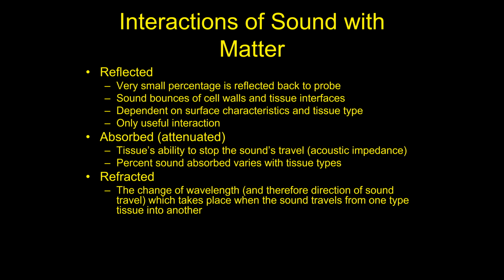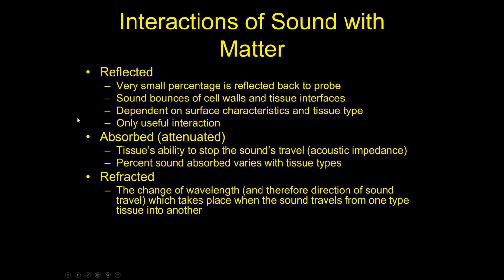Once the sound leaves the crystal, it goes into our body and travels through our body, and it can interact with the soft tissues or whatever it bounces off of in 3 different ways. The only useful one of these is the sound that is reflected off of something. If we put an ultrasound probe on the top of the dog and the probe's active, the sound goes into the dog's abdomen.